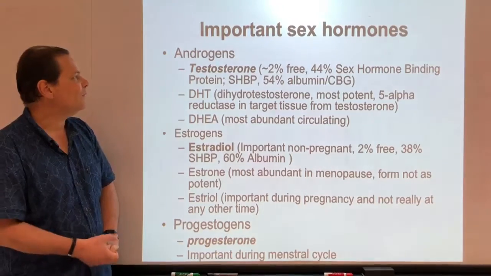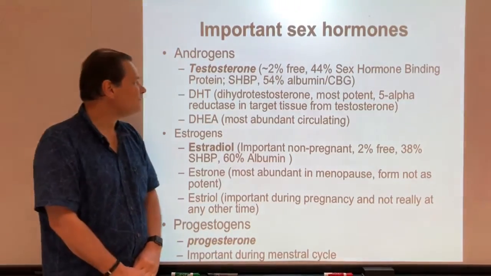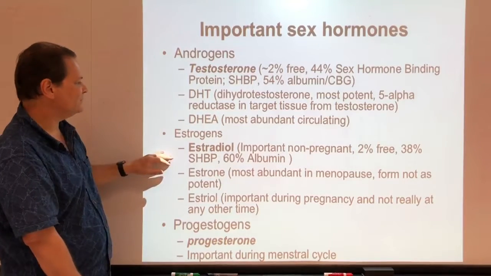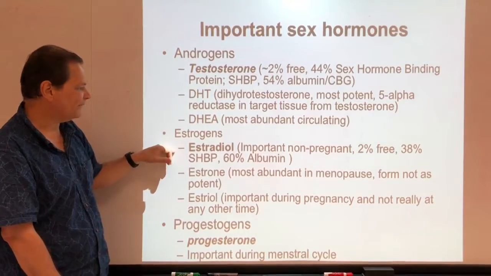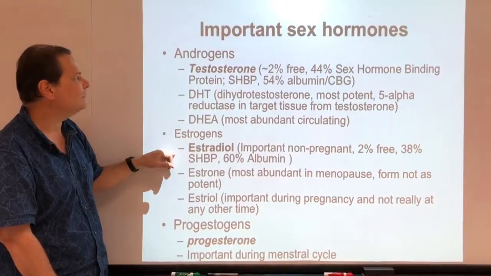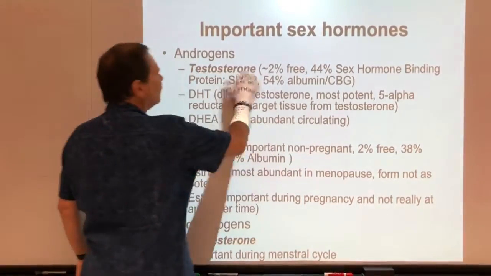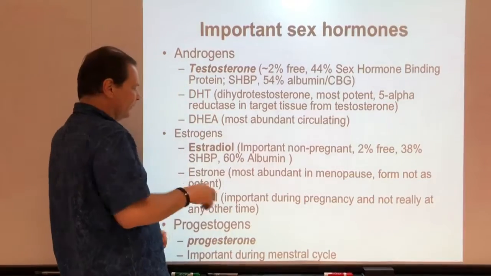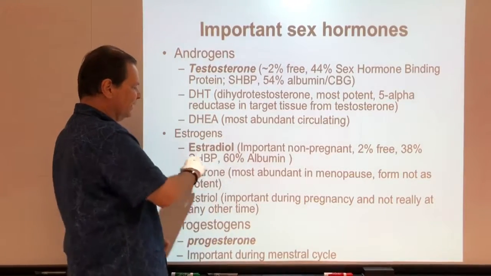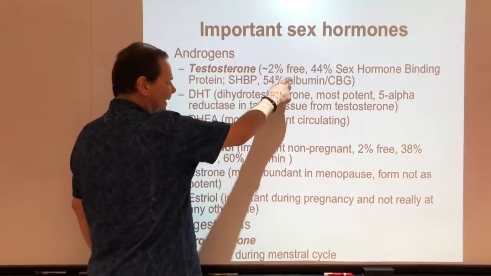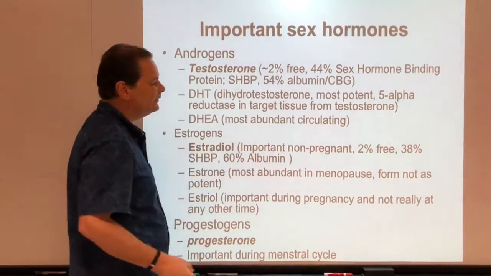Back to the sex hormones a little bit. We talk about testosterone and estrogen, which for our purposes basically means estradiol. The first thing you'll note is that the vast majority of what we call testosterone and the vast majority of estradiol is bound to proteins. A lot of it's bound to albumin in both cases.